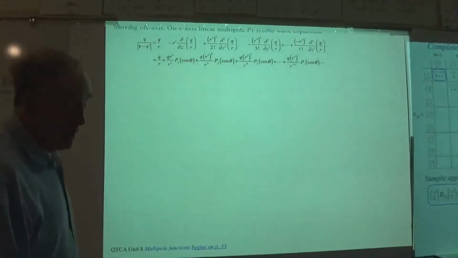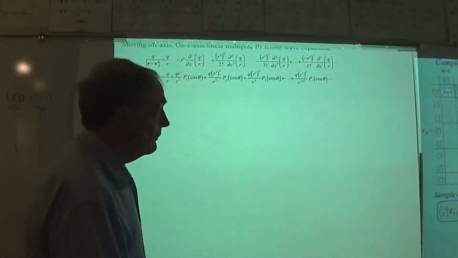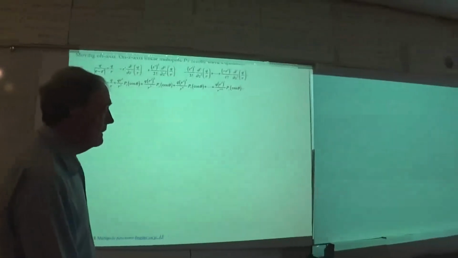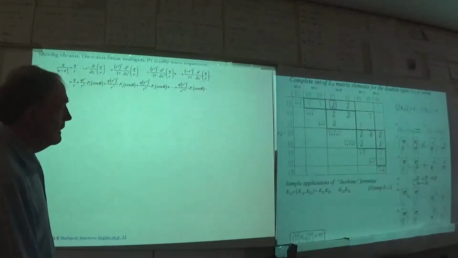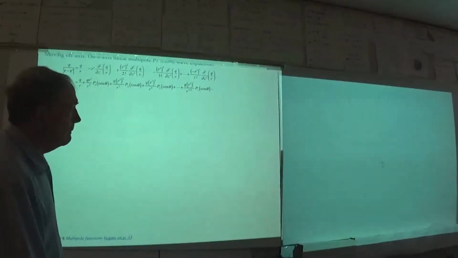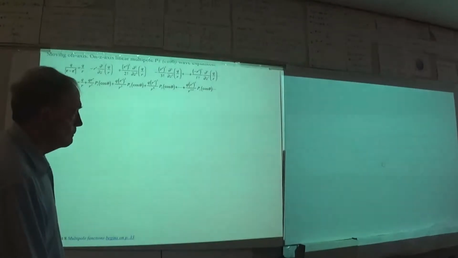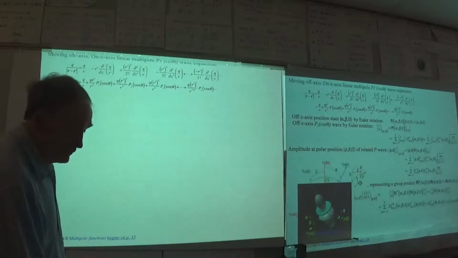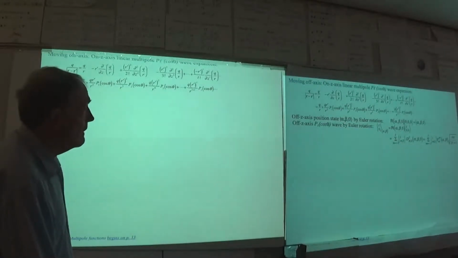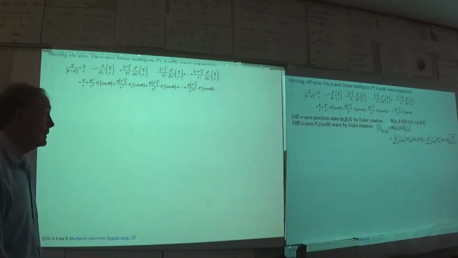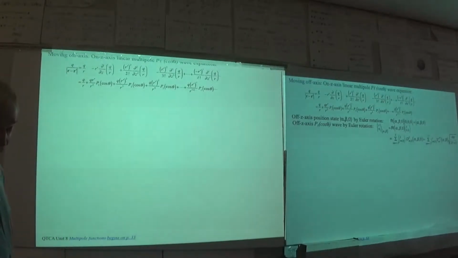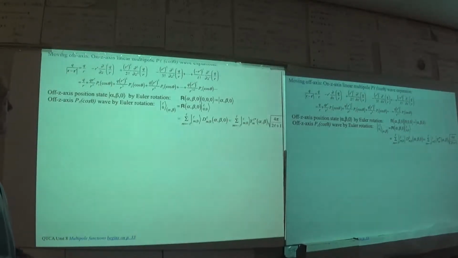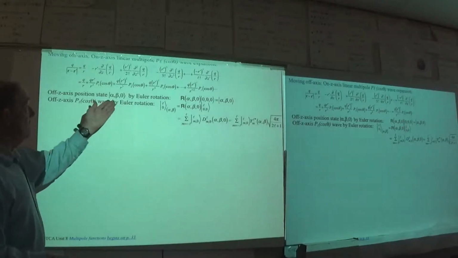Okay, so while we're at this, I'm going to go ahead and bring this guy up to where we are, and this one seems to have some CPU problems. It's a little past where we are, but that's the basic idea, is that I want to go off the z-axis to some position alpha, beta.